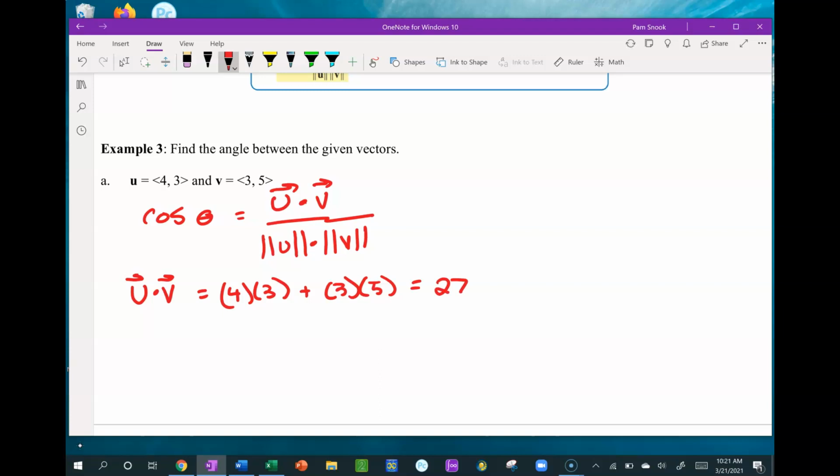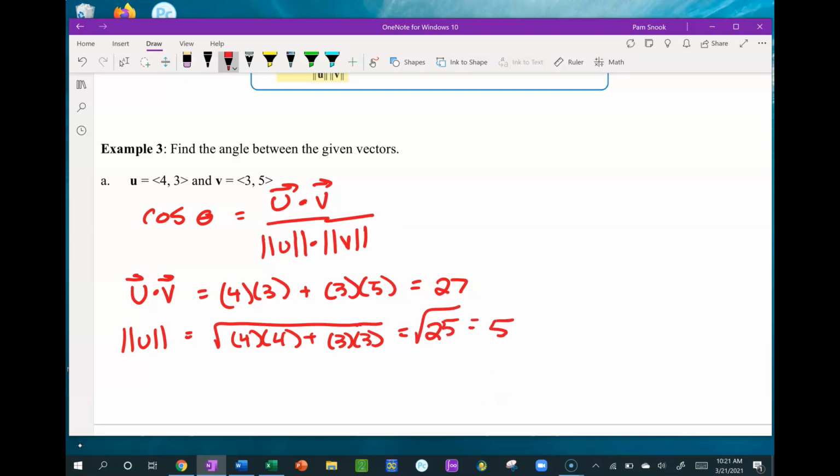Now let's get the magnitude of u. I'm going to get the square root of the dot product of u dot u. So 4 times 4 plus 3 times 3. I'm going to get square root of 25, and that equals 5.